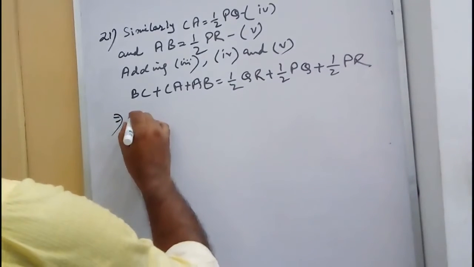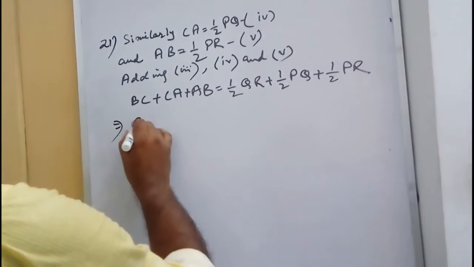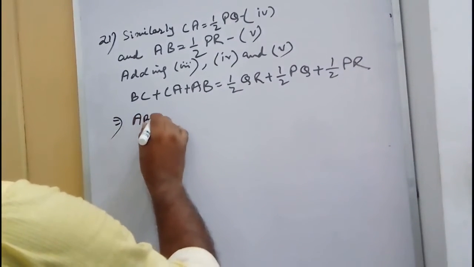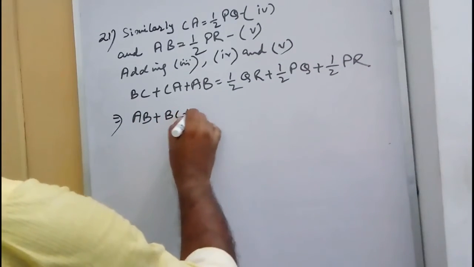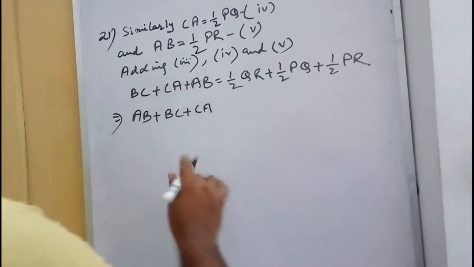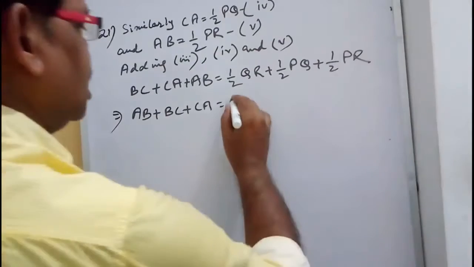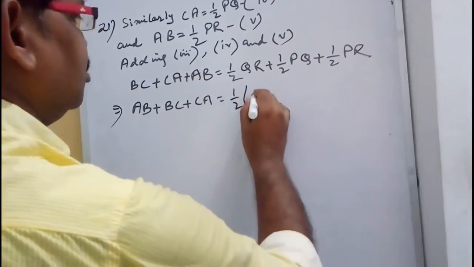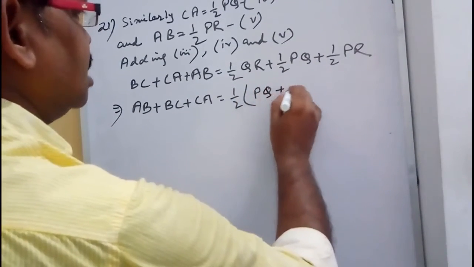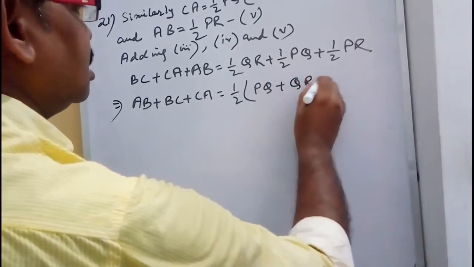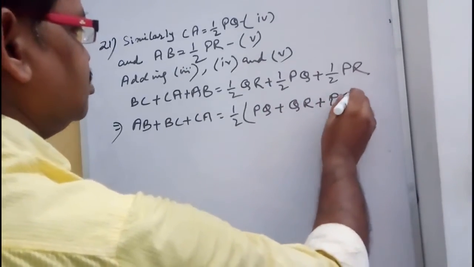Now AB plus BC plus CA, just arrange that one, equal to, taking half as common, half of PQ plus QR plus PR.